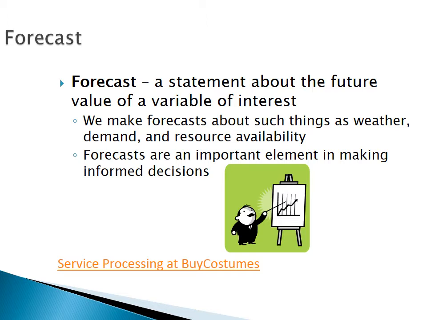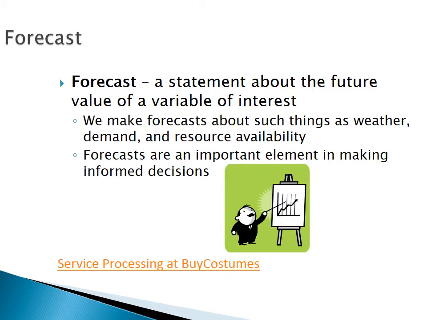The definition of forecasting says that forecasting is a statement for future value of a variable of interest. Variable of interest is any aspect of business which helps us to take our decision.